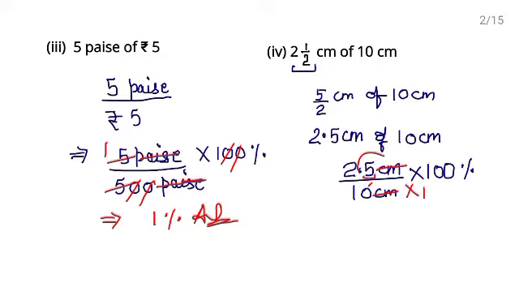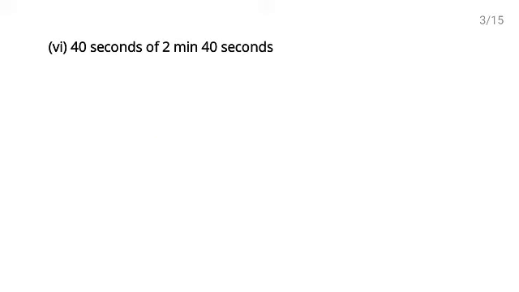After the decimal there was one digit, so put 1 0. This 0 and this 0 cancel out, 0 and 0 cancel out. So now you have 25%. This is your answer.